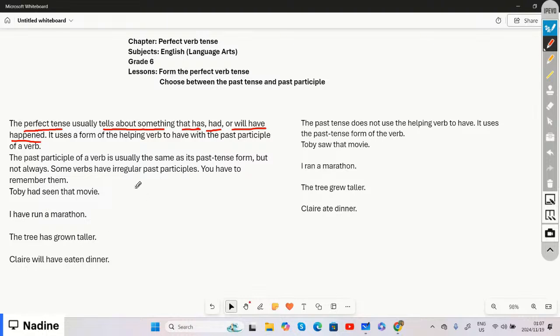And it uses a form of the helping verb to have with the past participle of the verb.